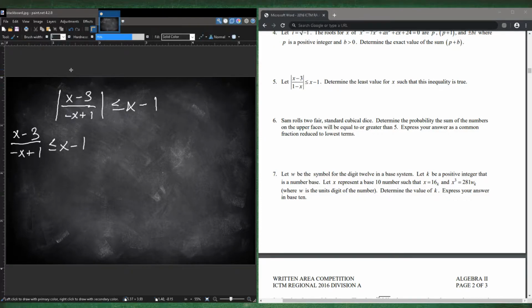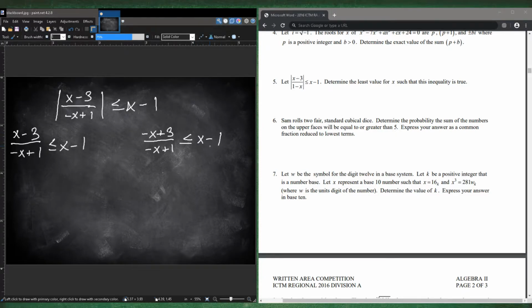And also, if x minus 3 over negative x plus 1 is negative, we just need to multiply this by negative. So that will make us negative x plus 3 over negative x plus 1 less than or equal to x minus 1.